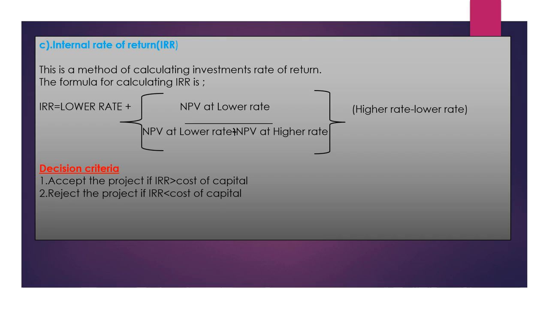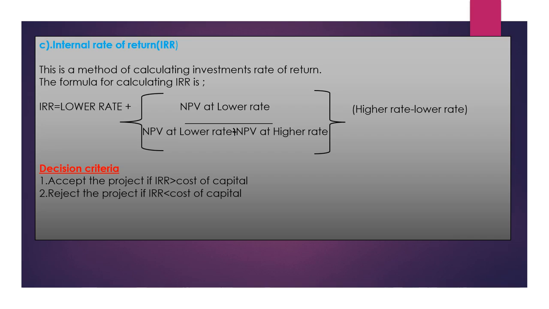So the decision criteria: you accept the project if the internal rate of return is greater than the cost of capital. You are going to be given the cost of capital when evaluating the internal rate of return. So if after calculation you find the IRR is greater than the cost of capital, you accept the project.